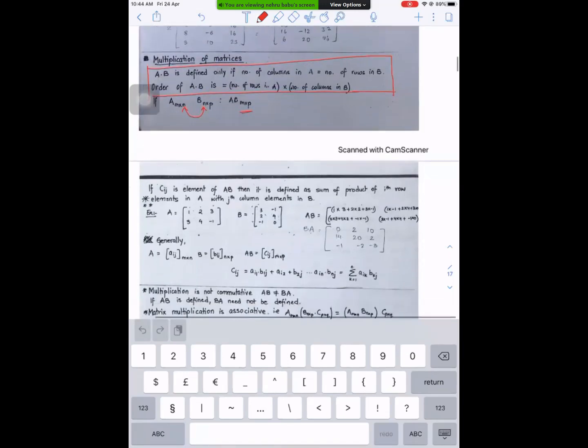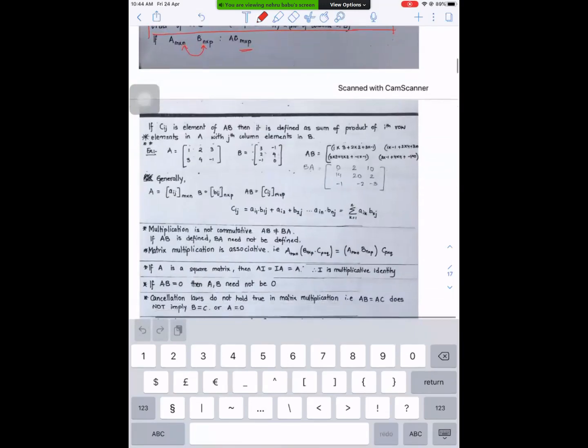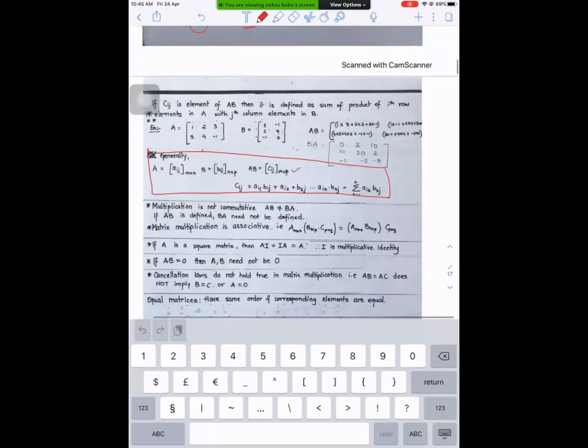Our proper definition also is, here this is the general definition. If A equals Aij, M by N, and B equals Bij, N by P, then Cij is M by P. Here the element Cij is defined as Ai1 into B1j plus Ai2 into B2j, and so on up to AiN into BNj.